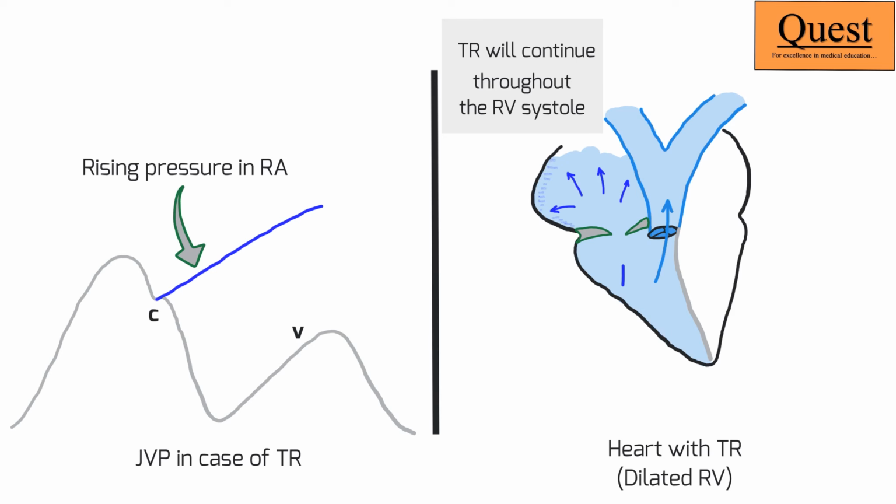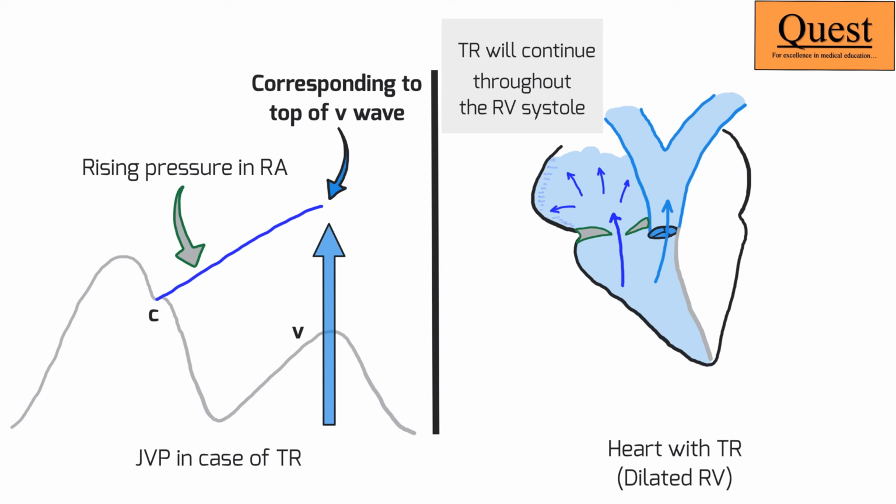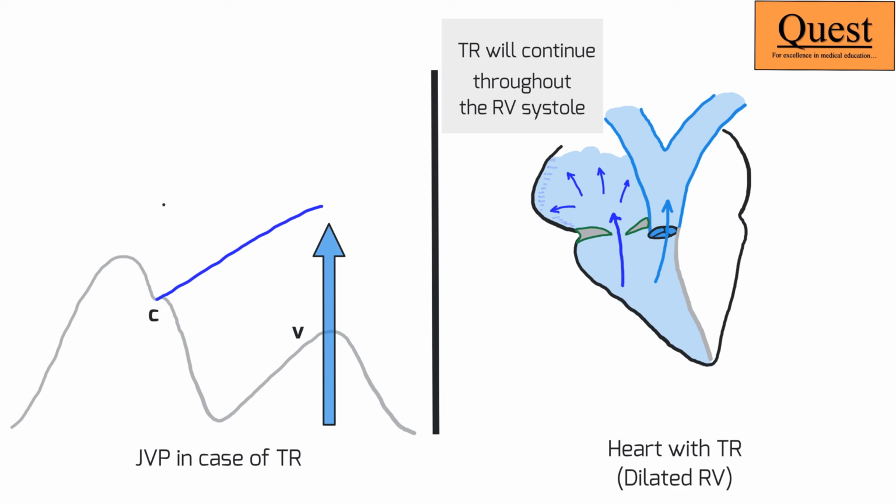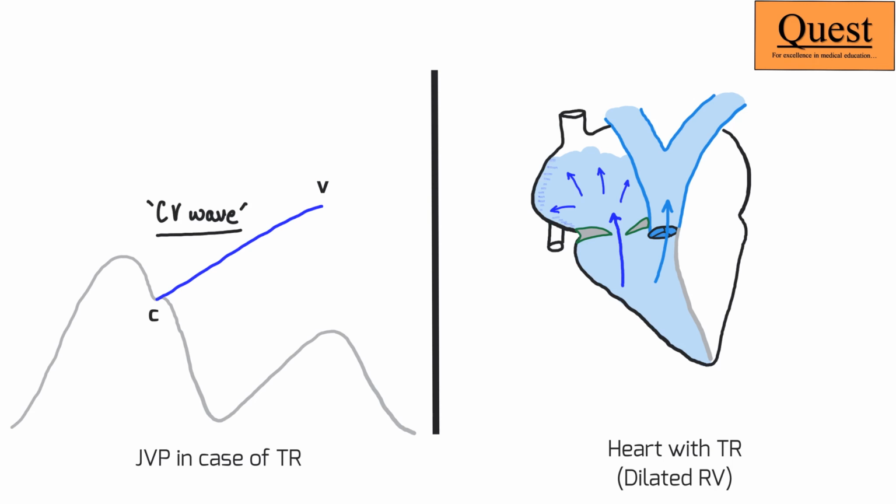Remember, this is a huge jet coming from the RV, that's a ventricular pressure, into the RA. This will continue till the top of the V wave, because the V wave was the time till which my ventricle was supposed to contract. Now I have a lot of blood coming inside the atrium through what is known as the CV wave. But remember, my atria was also going to receive a venous return coming from the inferior and the superior vena cava.